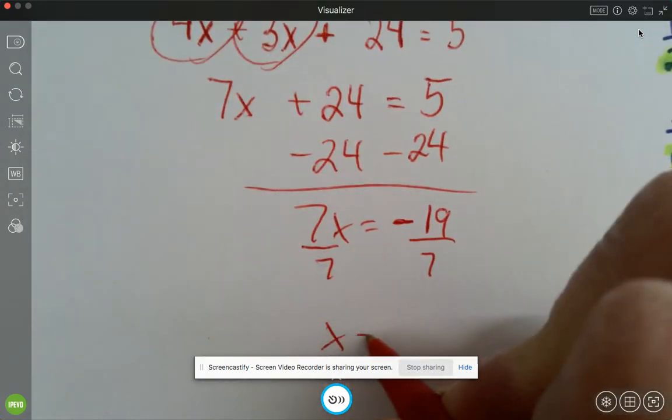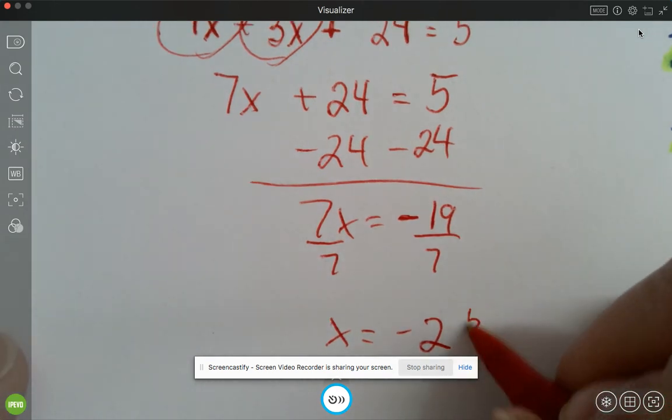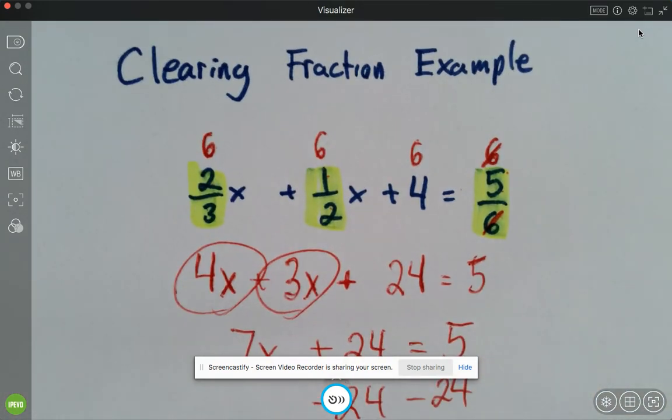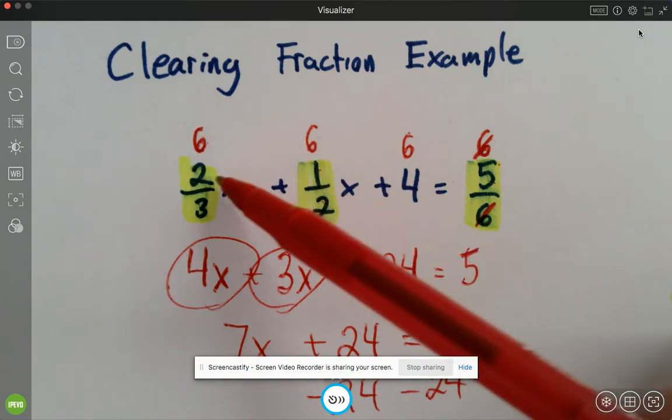I would get x equals negative 2 and 5/7.